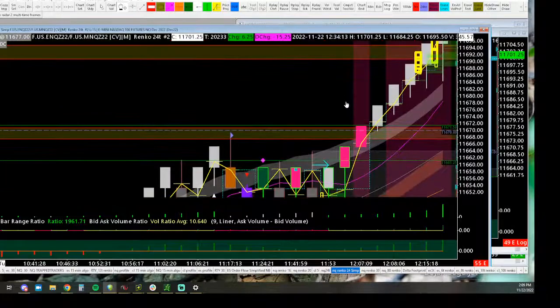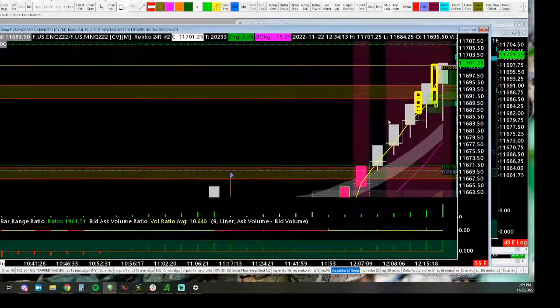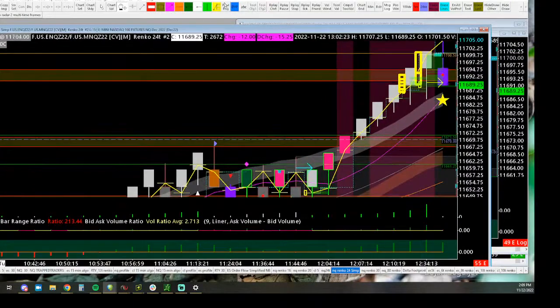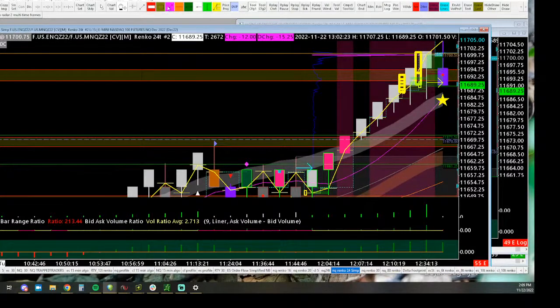And I then saw all of these sellers coming in at the highs. And if you measure the volume here, the volume on this move up was all at the high. See that? All the volume was at the high rather than at the low. So usually when that happens, the potential for a rollover is increased.